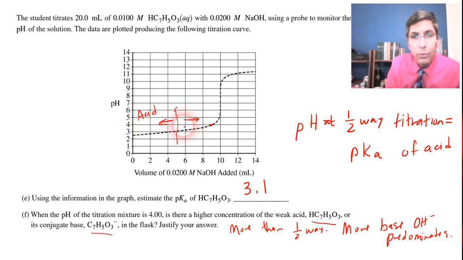On the right side, as you go closer to the equivalence point, it's the base form that predominates. So it's the conjugate base that predominates. It is that ion right there, and the justification is that you're more than halfway to the equivalence point.